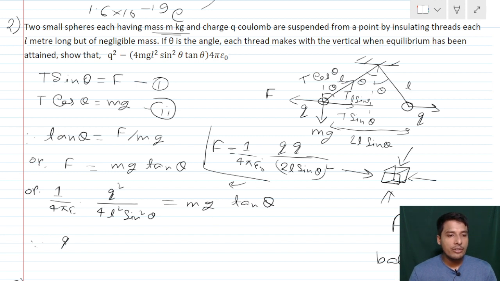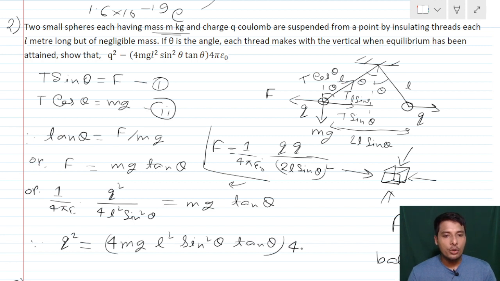Therefore, by rearranging the values from LHS to RHS, we can write q square equal to 4mg L square sin square theta into tan theta into 4 pi epsilon naught. So we have the expression that we had to prove according to the question, and we can prove this expression.